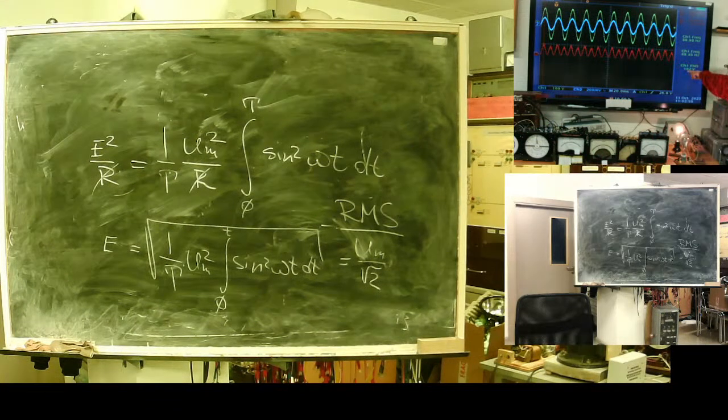Channel 1 RMS, 102 volts. What's the amplitude? You see channel 1 has 100 volts per division, 100 plus 40 approximately volts. So this distance is the amplitude, and here you can see the calculated RMS.